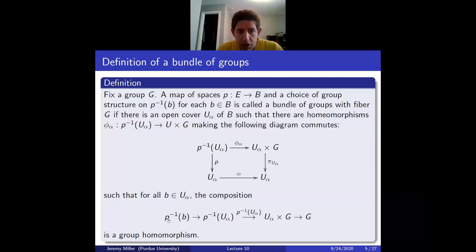If you pick a b in this open set, you can include the fiber over b into the pre-image of the entire open set, and then there's a homeomorphism, which I should have labeled with something else, say phi sub alpha, maybe inverse.